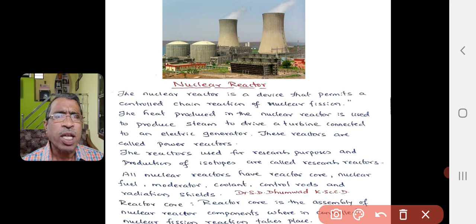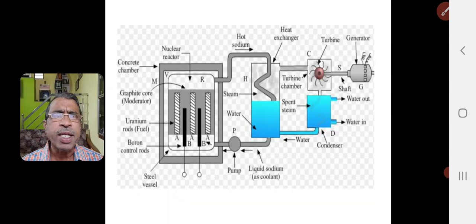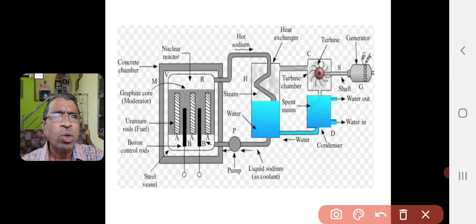Now let us take the reactor core. The reactor core is the assembly of nuclear reactor components wherein the controlled nuclear reaction is carried out. This is the ray diagram of a nuclear reactor, and this is the reactor core.